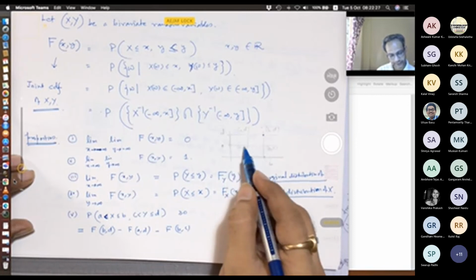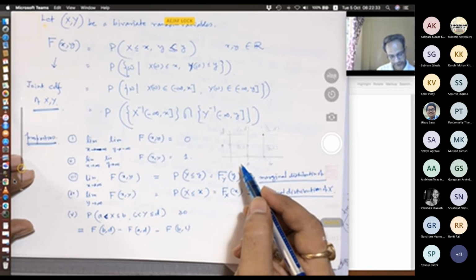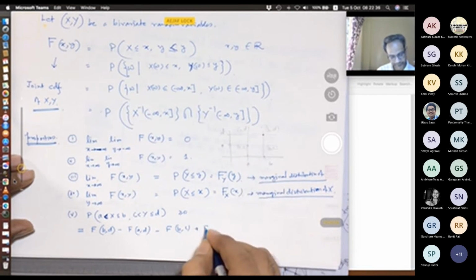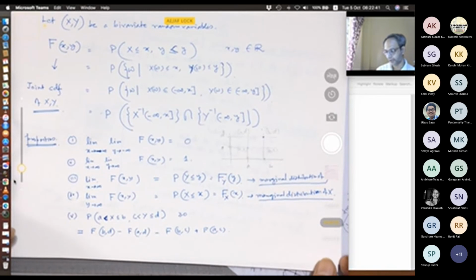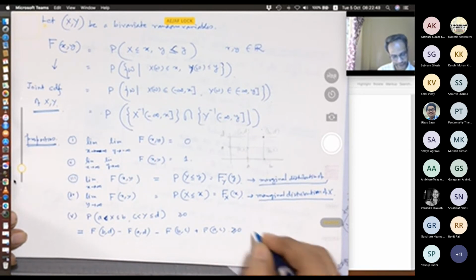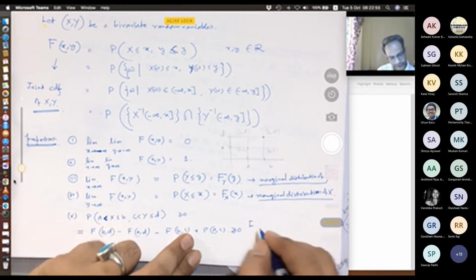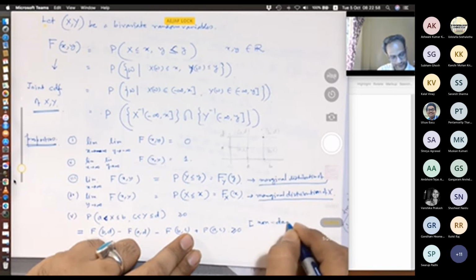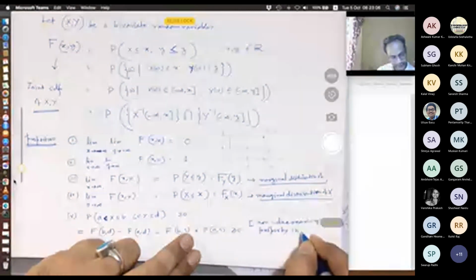And if you do that, you have subtracted this section below twice, so you have to add that part FAC. Each of these quantities is non-negative, and this entire thing is greater than or equal to 0. So this is eventually representing the non-decreasing property in 2D.